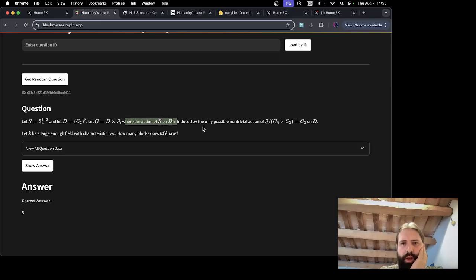Section S and induced by the only possible non-trivial action. So what does it mean that an action is induced by another action?